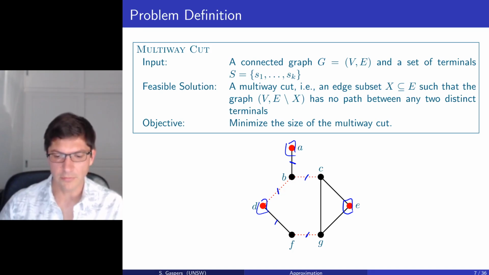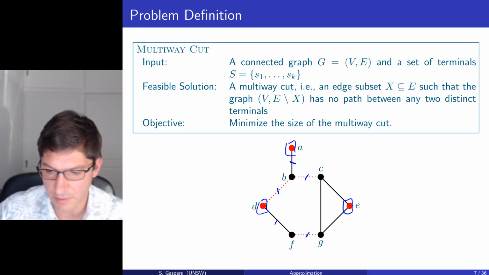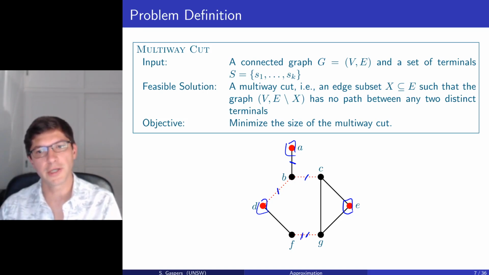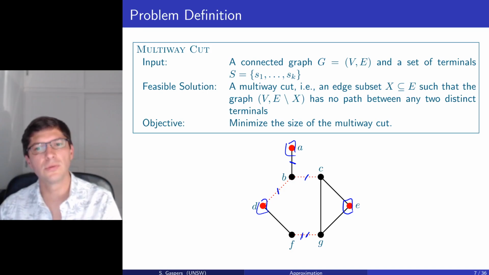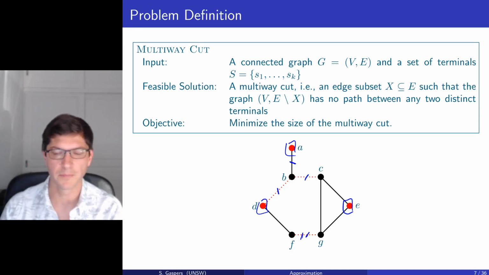So what we can observe here is that to cut D from the other terminals, instead of using the edge DF, we could have used the edge FG, right? And now basically we benefit because we can share this edge between two solutions for two individual terminals.